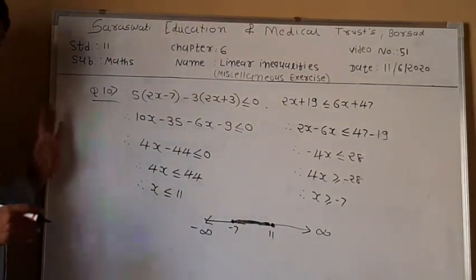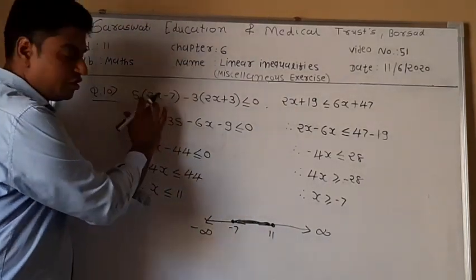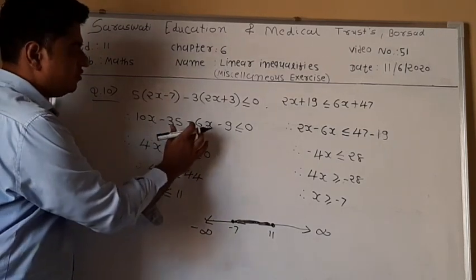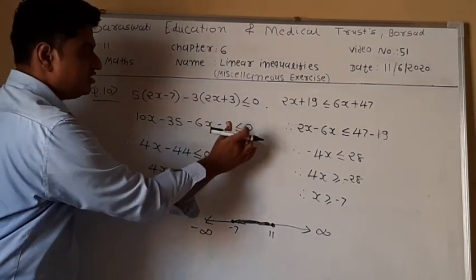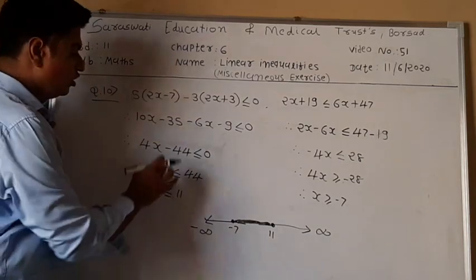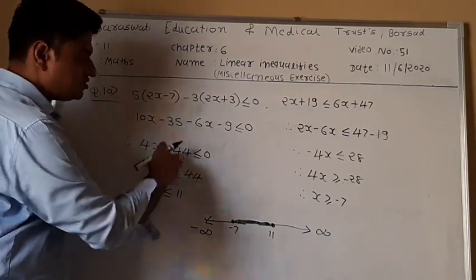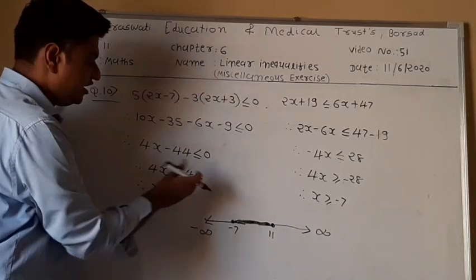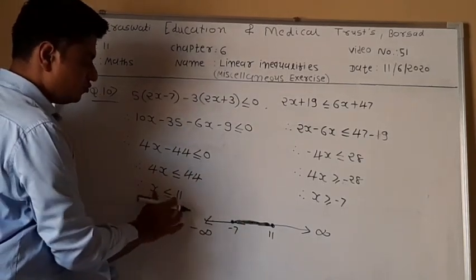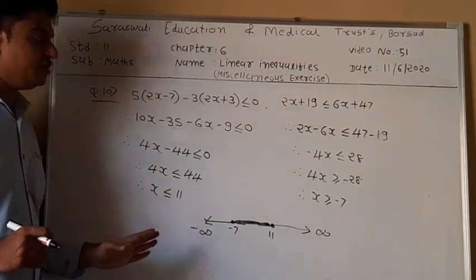So once again, here the inequality is present. 5 times 10x minus 35 minus 6x minus 9 less than or equal to 0. Now write the x terms on one side and the remaining terms on the other side. So 4x less than or equal to 44, x less than or equal to 11.